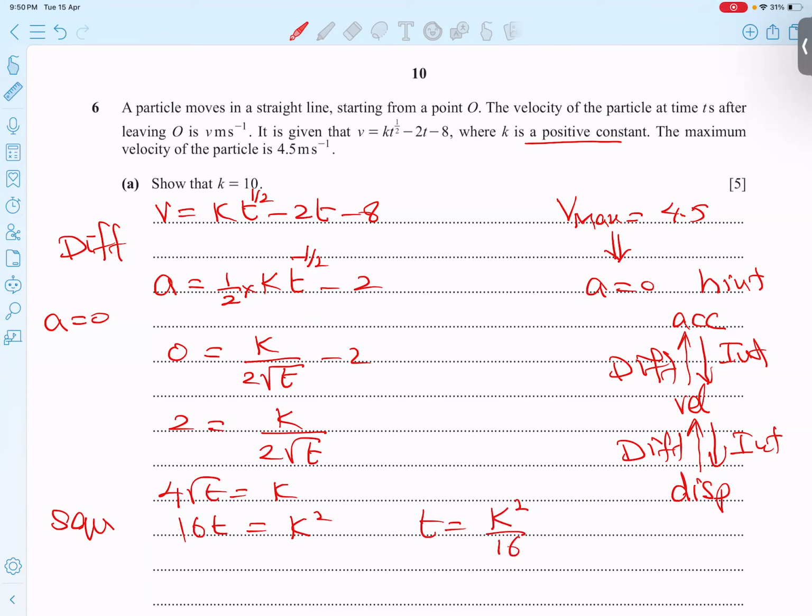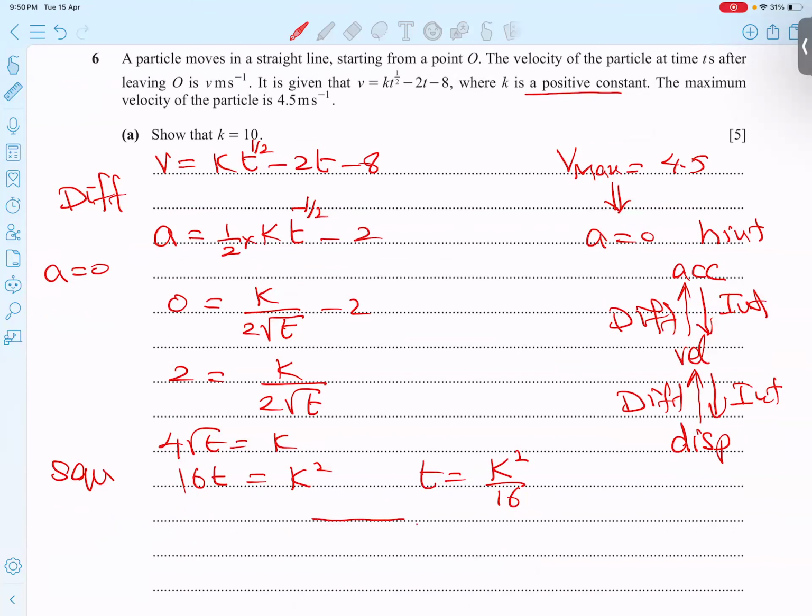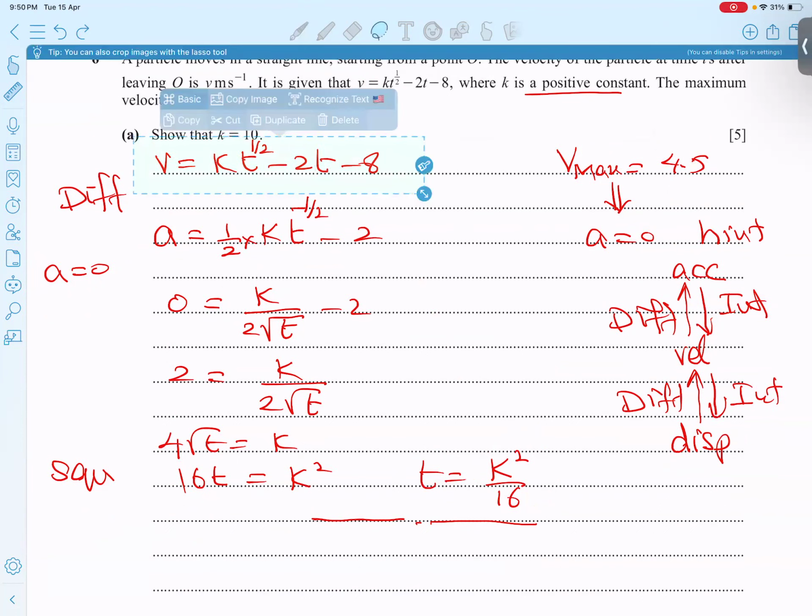But the problem was I'm looking for the k number. You can resolve this issue if I plug 4.5 in for the maximum velocity, and this is the time for the maximum condition as well. So I will plug in this value of t and this value 4.5, and I will get my answer. So have a look.